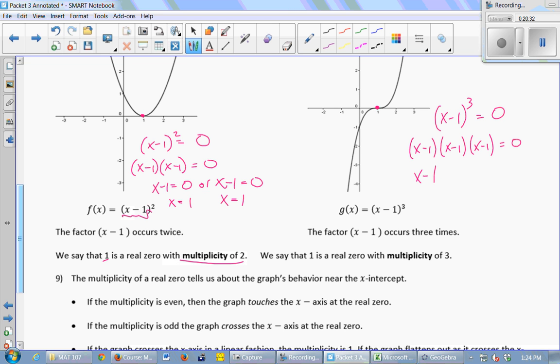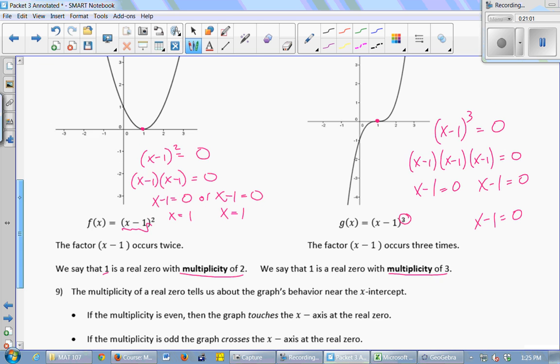So x minus 1 equals 0, or x minus 1 equals 0, or x minus 1 equals 0, and you end up getting x equals 1 three different times. So we say 1 is a real zero with multiplicity of 3. You can see that from the formula because the factor (x minus 1) happens 3 times. It's cubed.